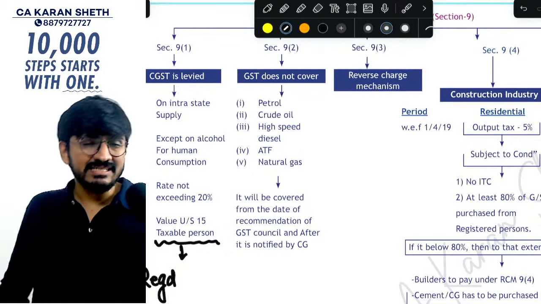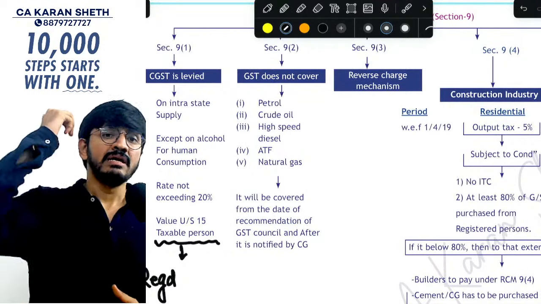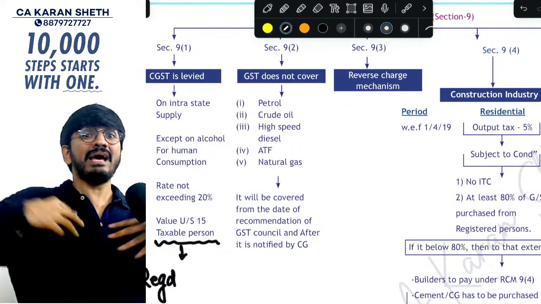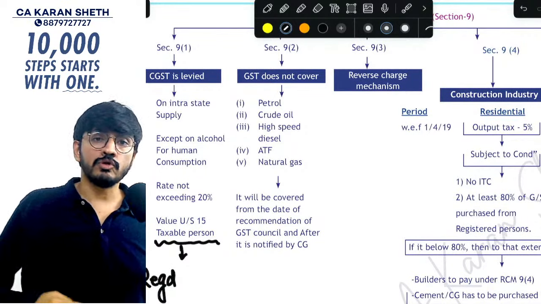In RCM also, in most cases, the reason is the same. In this case, the recipient is one and the suppliers are many.